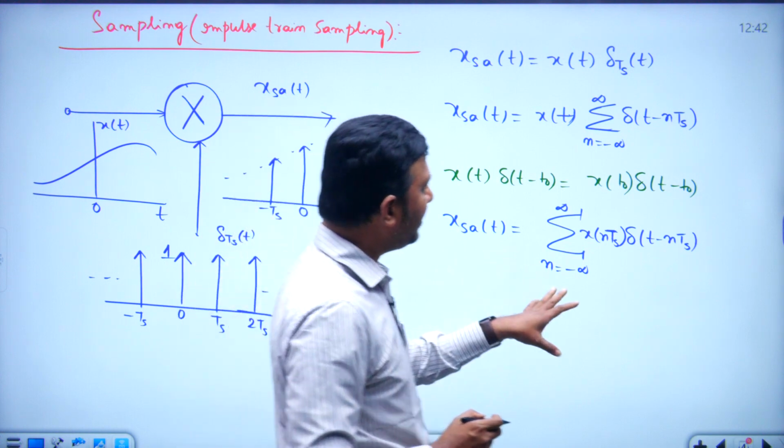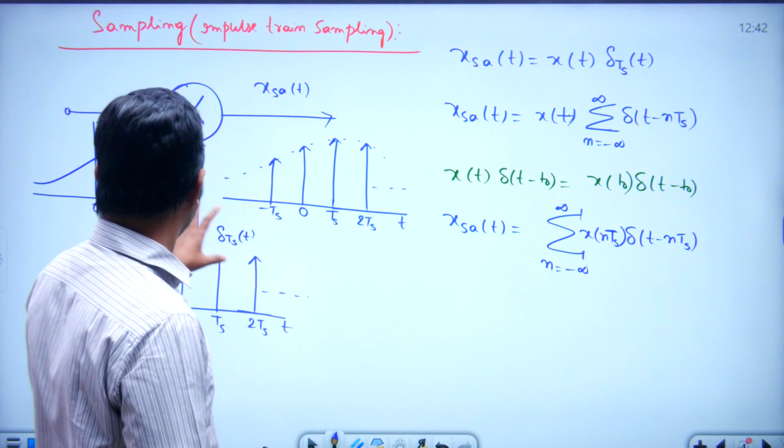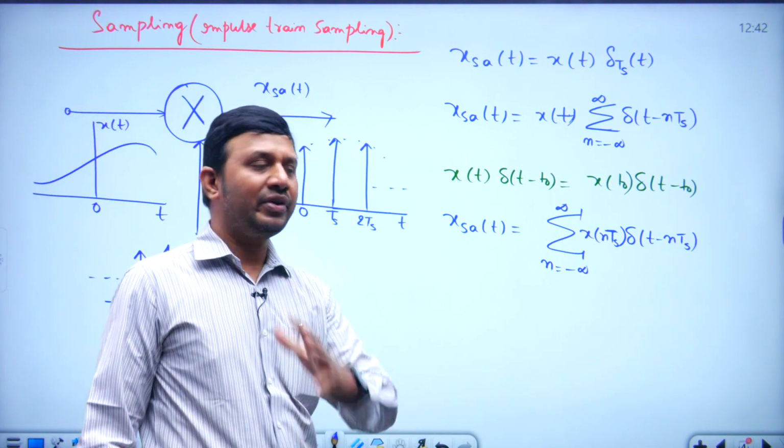This is what happens in time domain. Simply multiply your signal with the impulse train to get a discrete time signal.